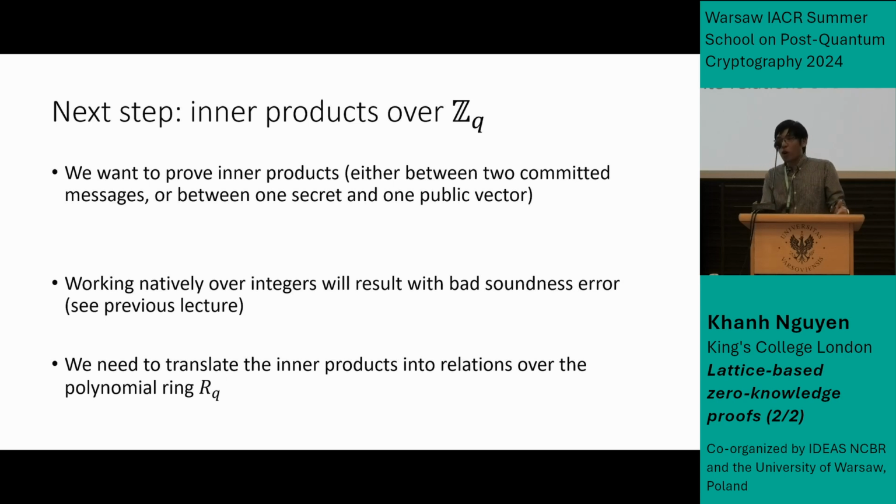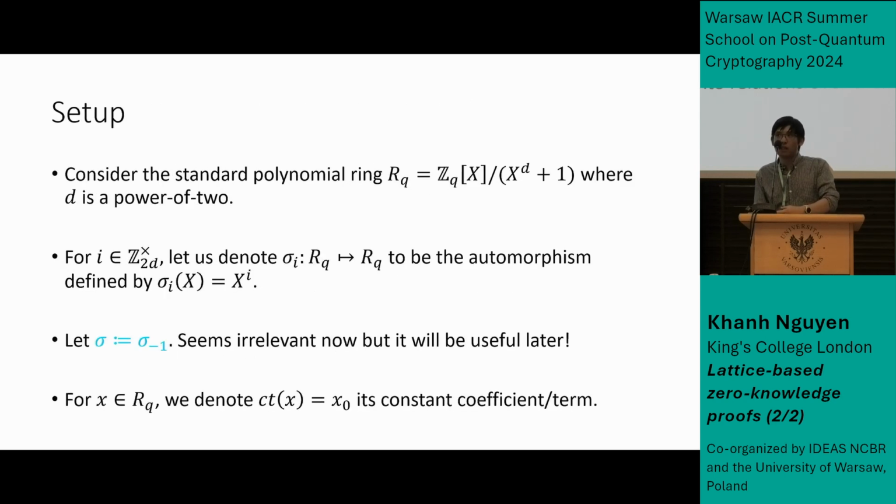As we discussed before, if we work over integers, it will result in a bad soundness error. So we still want to use the polynomial ring because it gives us nice soundness, but we want to prove statements about integers. So in a way, we need to translate inner products into relations over the polynomial ring, so that we can prove these relations over the polynomial ring with good soundness. Does it make sense?